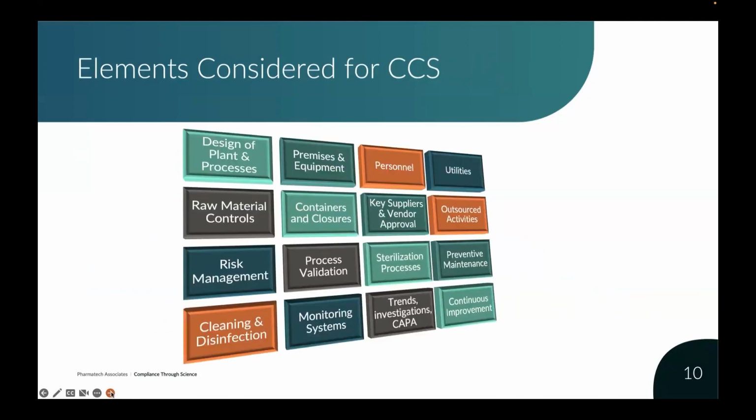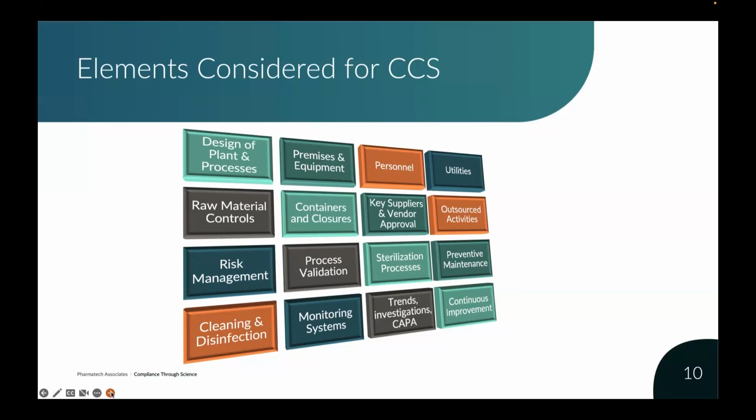Within Annex 1, this is the list of things to be considered for inclusion in the contamination control strategy. Design of plant and processes: process flows, layouts, and particular elements of the design of the plant, such as flooring and ceiling, to provide for better contamination control. Premises and equipment: is your equipment designed for control of contamination?